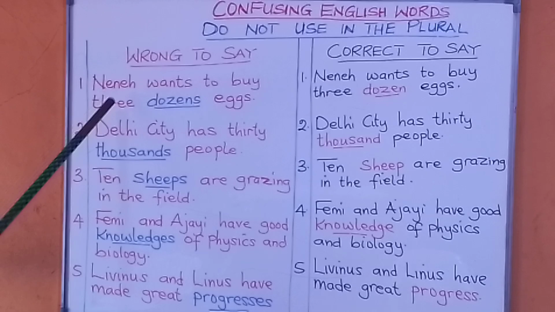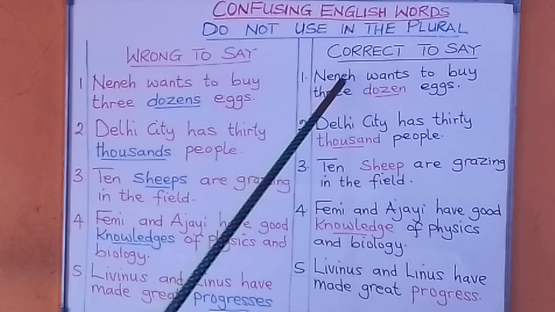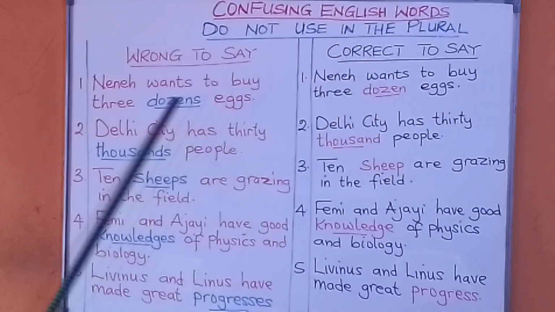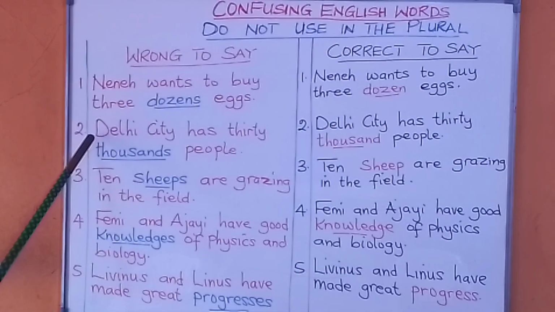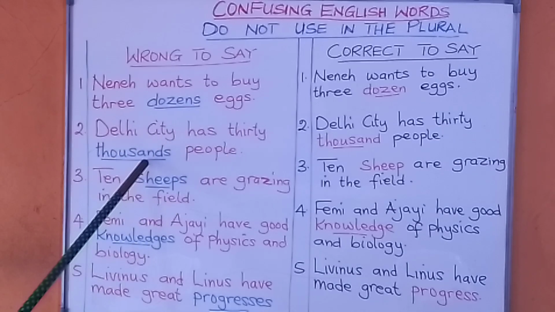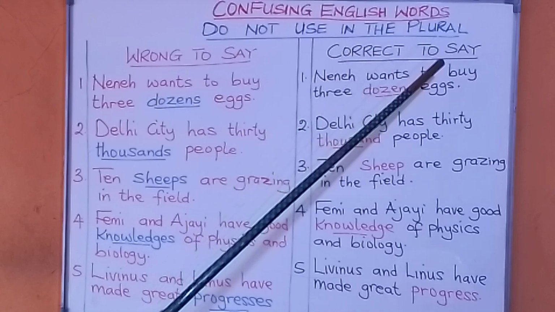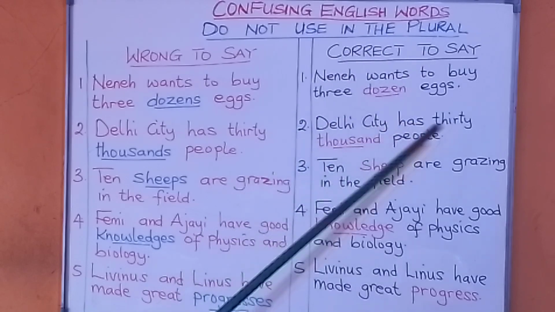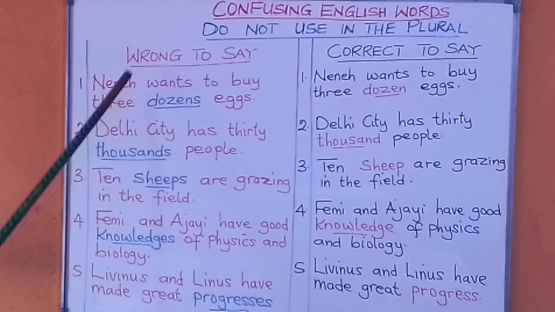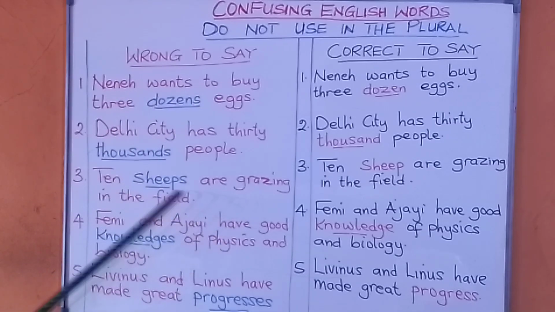Therefore, wrong to say Nene wants to buy 3 dozens eggs. Say Nene wants to buy 3 dozen eggs. Wrong to say Delhi City has 30,000 peoples. The correct way to say that is Delhi City has 30,000 people. Wrong to say, number 3, 10 sheeps are grazing in the field.